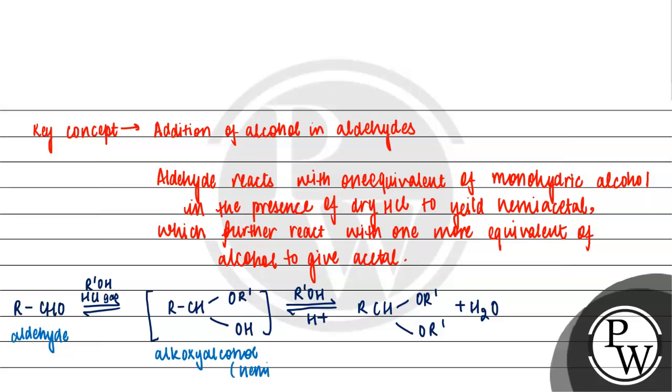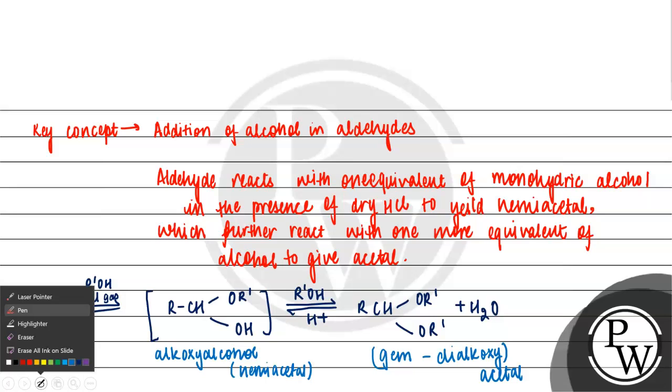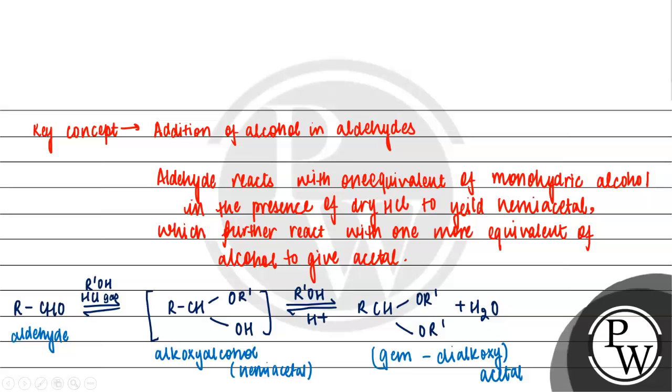Let us write hemiacetal, जो कि फॉर्म कर रहा है जेम डाइएल्कोक्सी compound which is the acetal.